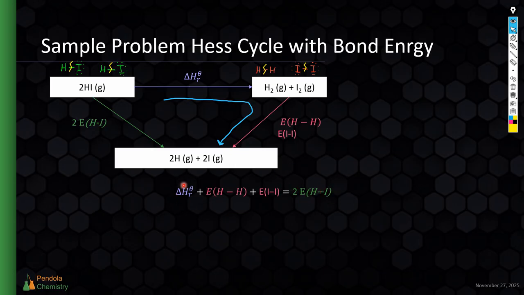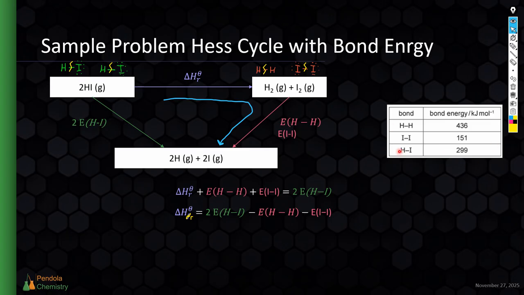If we want to find delta HR, all we have to do is rearrange this, subtract the bond energies of the products from both sides, and we get the delta H of R. This shouldn't be F, should be R. Delta HR is equal to 2EHI minus EHH minus EII, E being the bond energies of those.